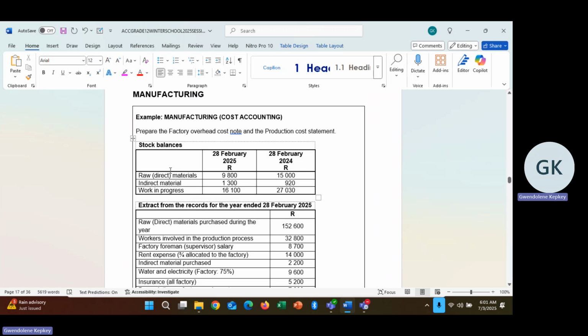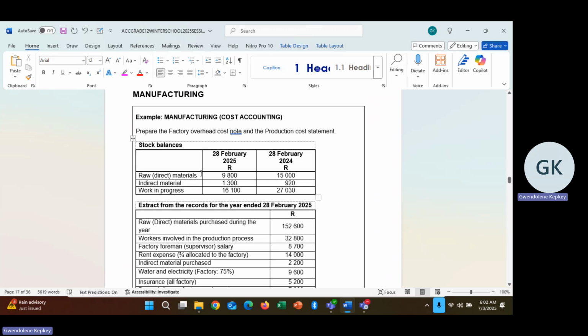Another wording for my raw materials is my direct material. And let's not forget the important cost, which is my direct labor cost. Those are the employees who actually manufacture the product, and that cost forms an integral part of my factory costs. So let's start.